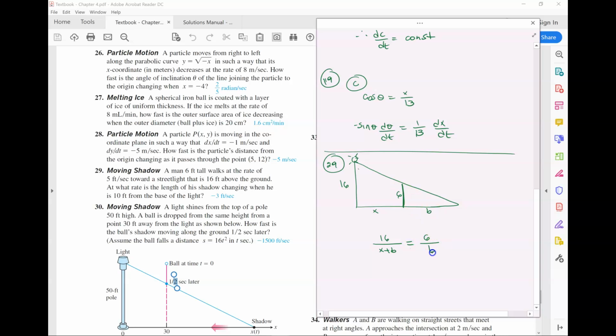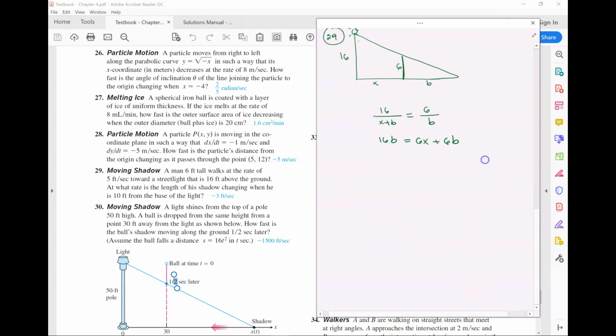Now we have 6's and b's. Before it was 5's and s's, now it's 6's and b's. So 16b is equal to 6x plus 6b. I really didn't choose this variable wisely. So 6x is equal to 10b.